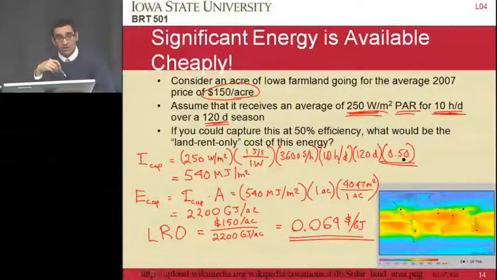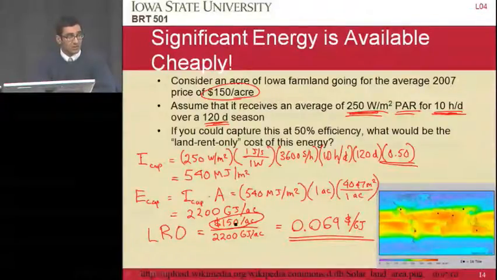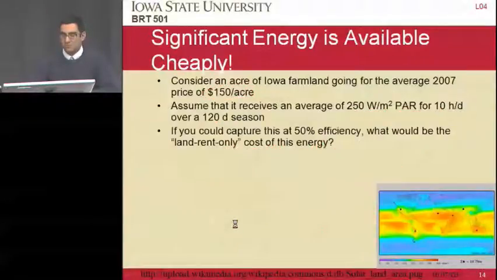We don't know how to come close to that yet. And quite frankly, $150 per acre is land rent only, but you're going to put photocells on the land, or plant a crop on the land, so there are going to be additional costs, and they'll be significant. But first pass, interesting notion.